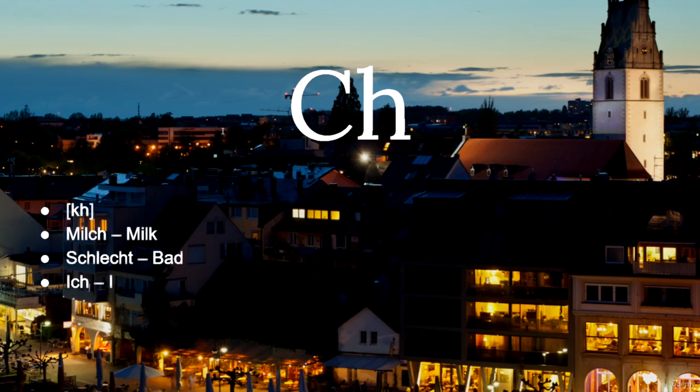The last letter is H. In the German language, when you see a C and a H, together they are H. It's not a strong H, but more like a softer one. H. For example, Milch.